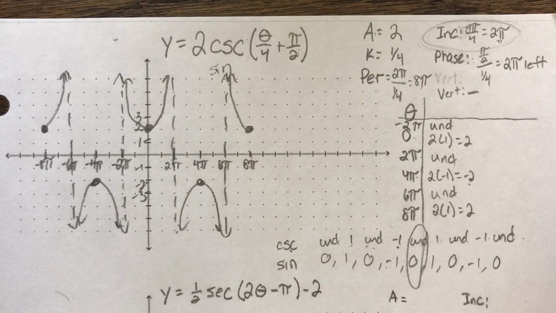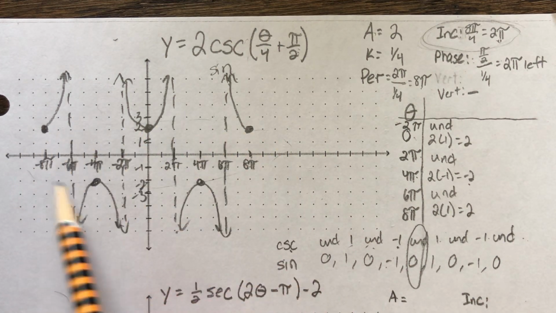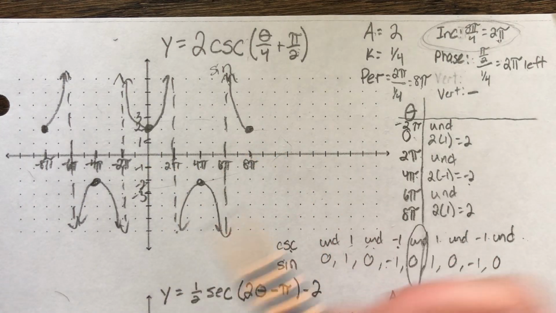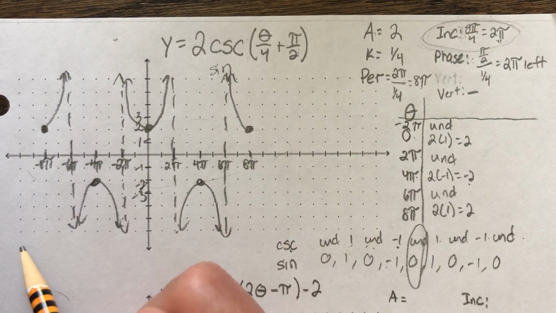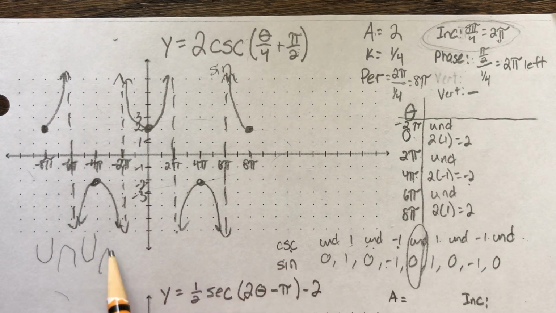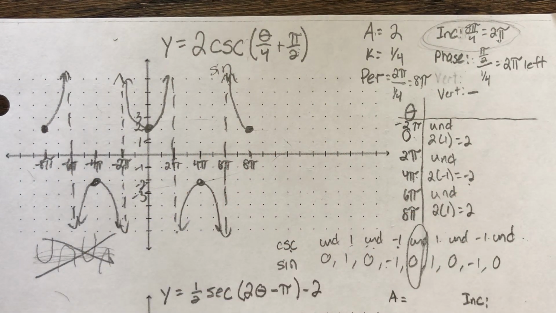One of the main characteristics that you're always going to see in every graph is that there is going to be this gap here in the middle. That can help you figure out which way the U's go. You're never going to see the graph look like this. It's never going to overlap like that. So that's wrong. You're always going to have this gap in the middle, and that's going to help you figure out which way the U's go. All right, we're going to do a couple more in the other videos.